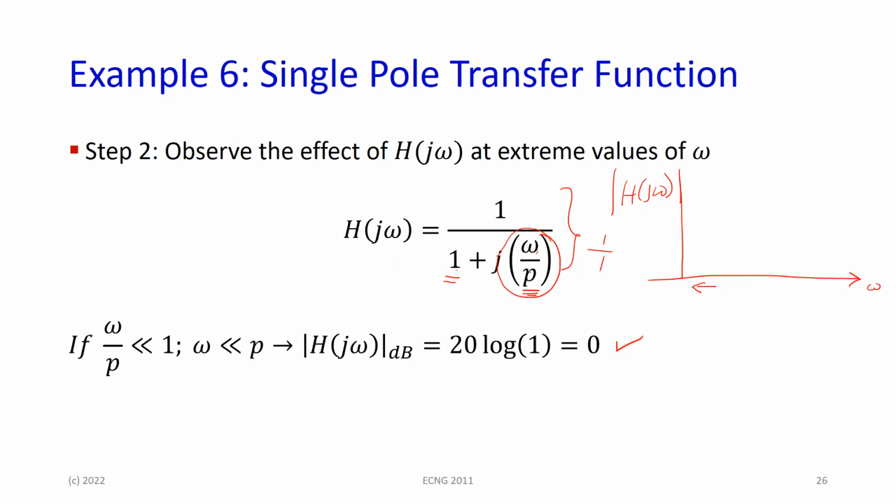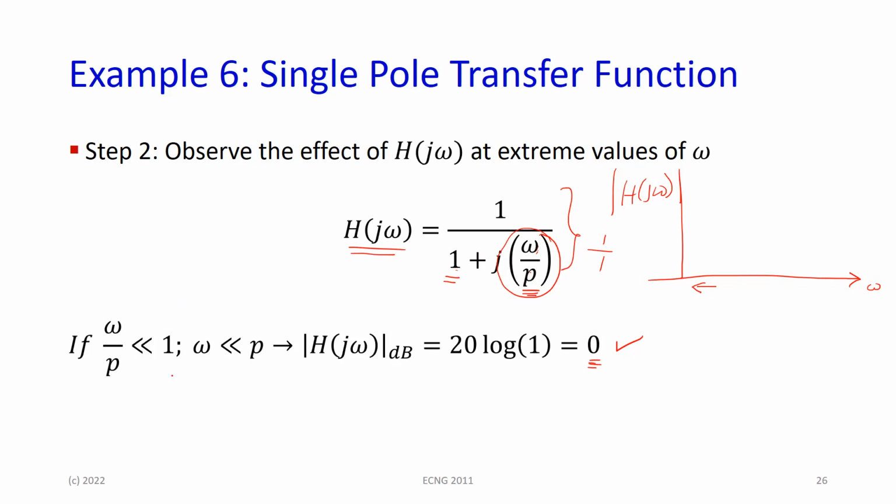You with me with that? That makes sense? Yes, sir. In other words, what is that in decibels? 1 over 1, 20 log of 1 is 0, right? So if omega over p is much less than 1, the magnitude of H of j omega is 0.